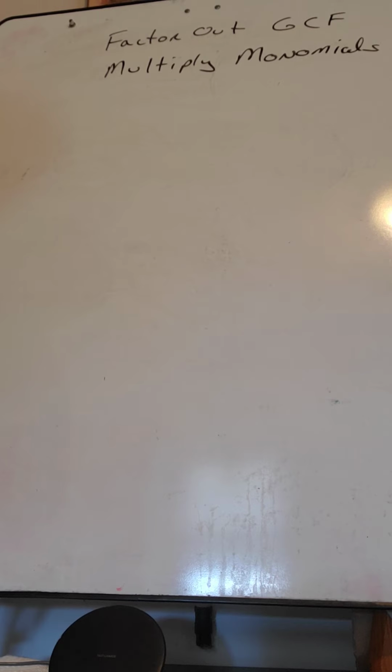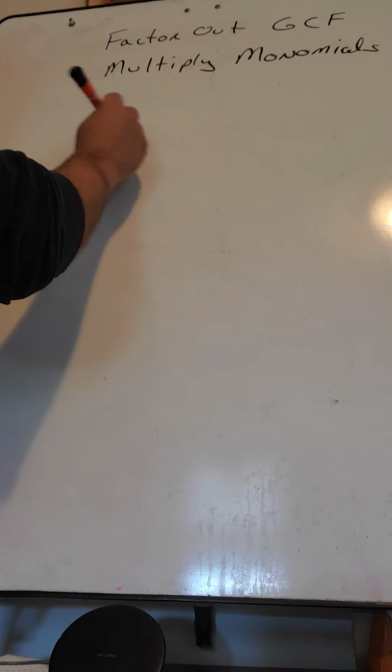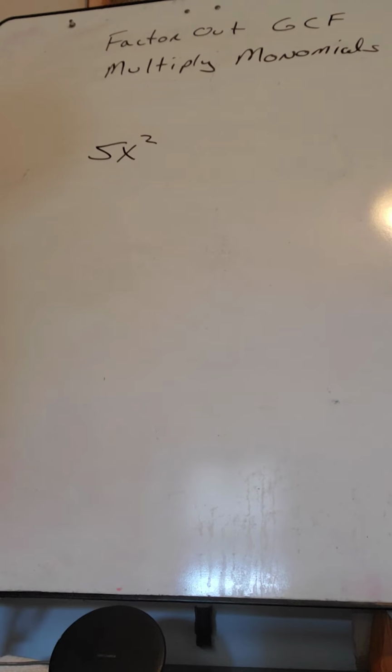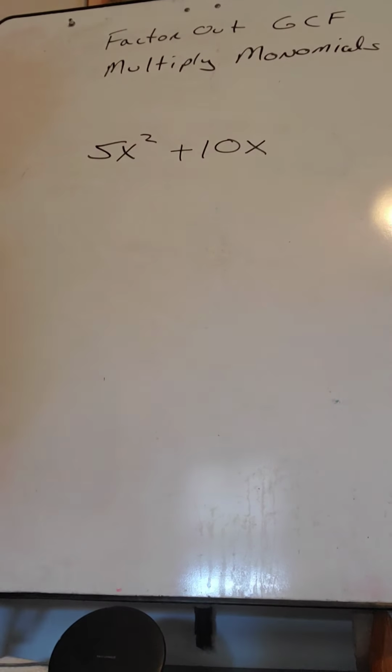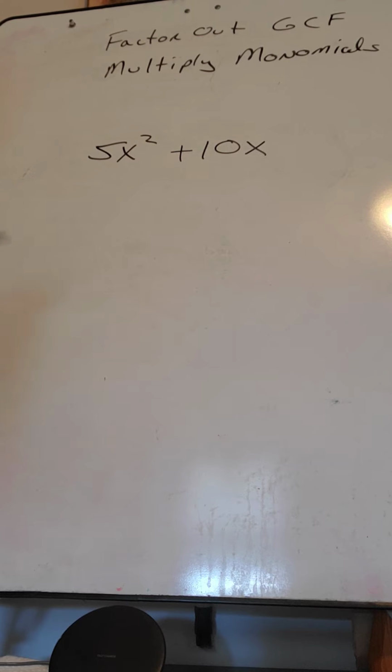So last week I gave you a problem of 5x squared plus 10x, a binomial. This was one of Thursday's work problems. And I asked you to factor out the GCF of this binomial.